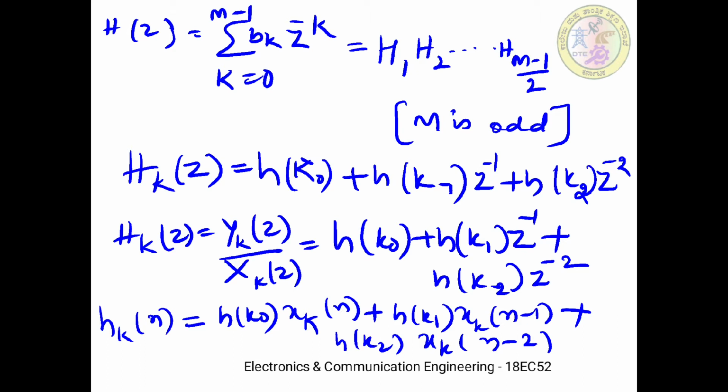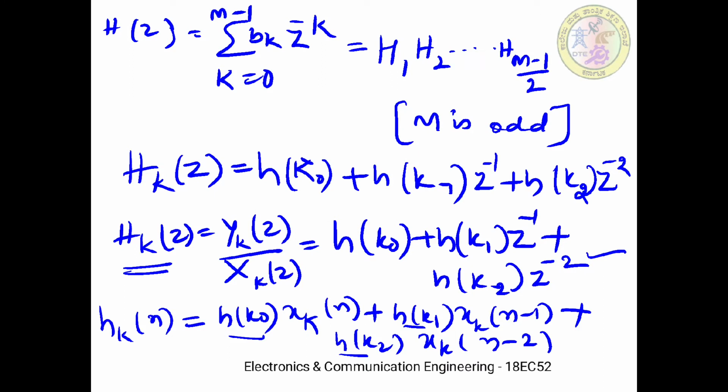Using these transfer functions Hk of z, it is possible to derive the corresponding impulse response. We can observe that each Hk of z, when written in the time domain form, consists of three samples, h of k0, h of k1 and h of k2, and the highest power of z is 2, indicating that they are second order factors of H of z.